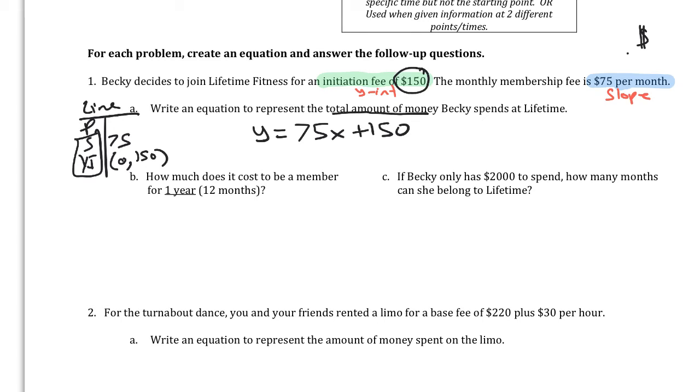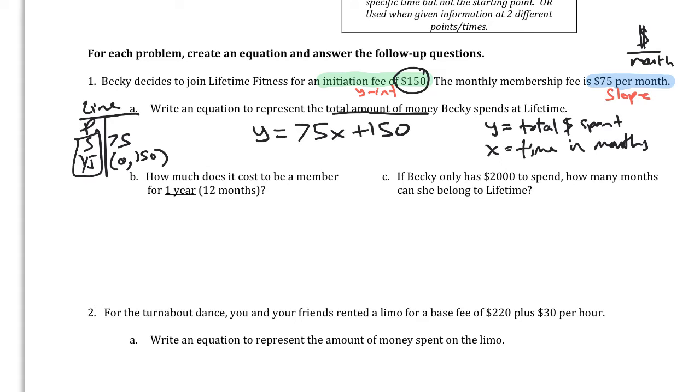So when you think of slope, y is on the top, x is on the bottom. So my y is going to be total money spent, and x is going to be whatever we're measuring time in, so time in months, because it's $75 per month. Okay, cool. There's our equation, there's our variables.